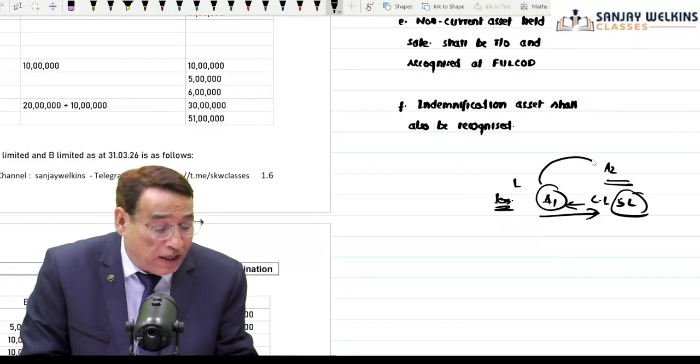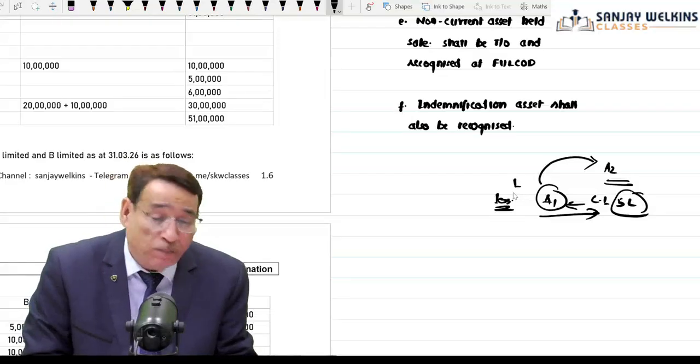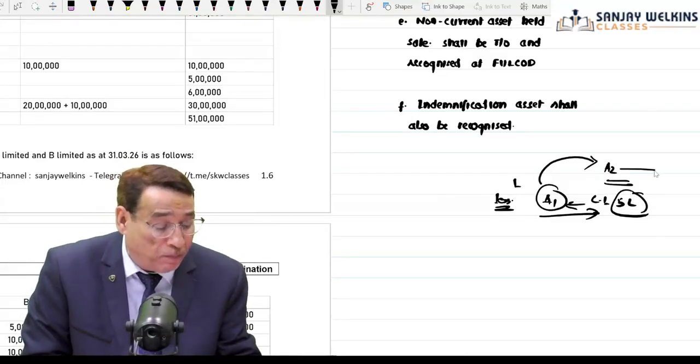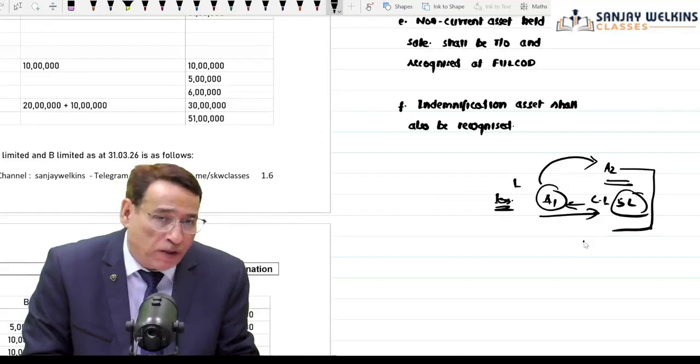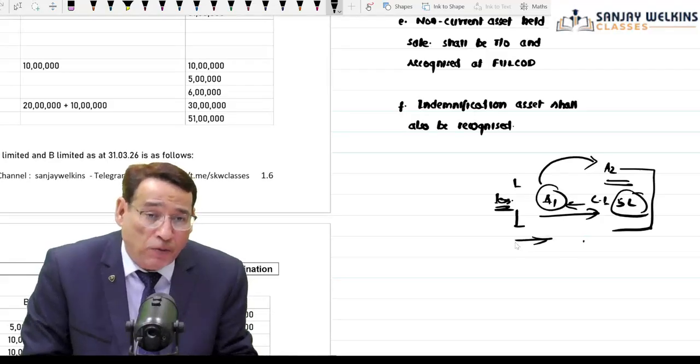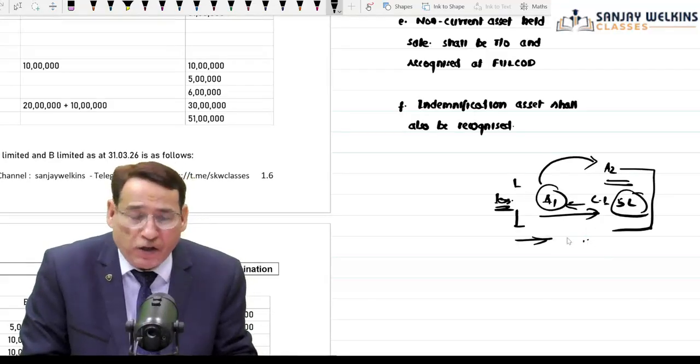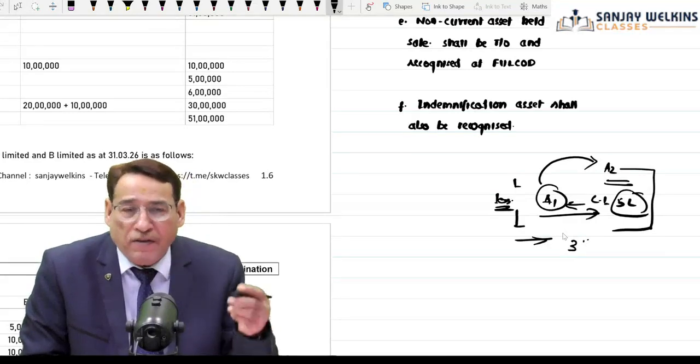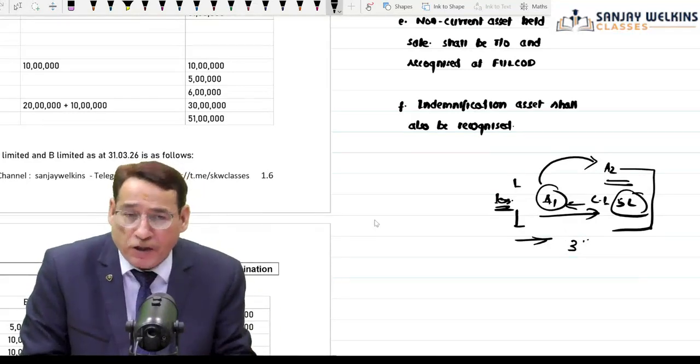So the acquiring entity will tell the other entity, we will have to take your contingent liability and it's a big loss to us. So the entity may say, well, we promise you that in case this liability materializes and you will have to pay some amount, then we may refund it, or let us say we will pay you 3 lakhs in case you have to pay this particular liability.